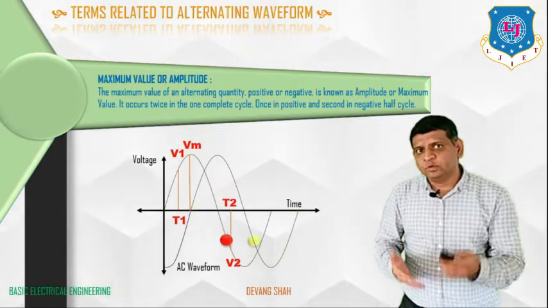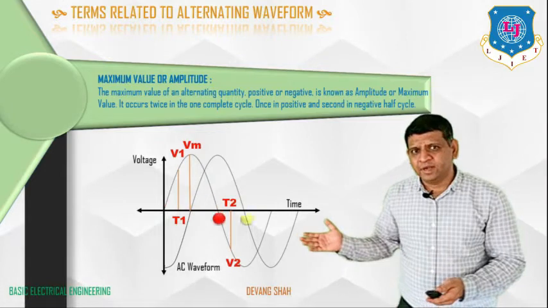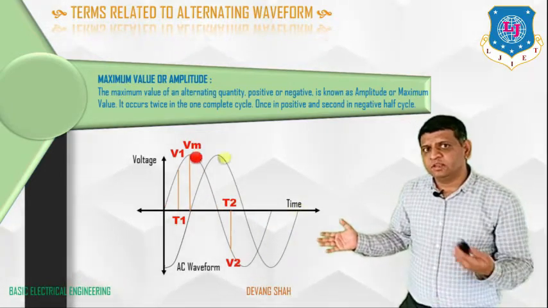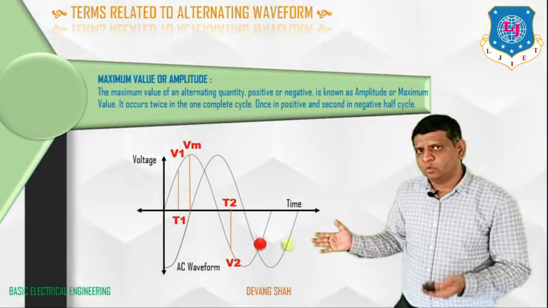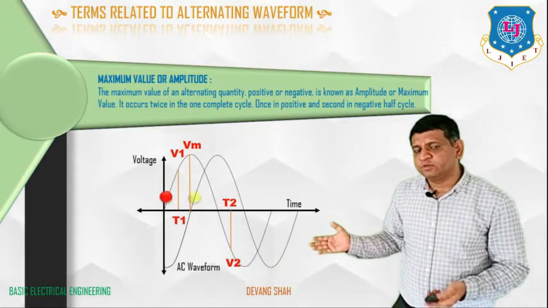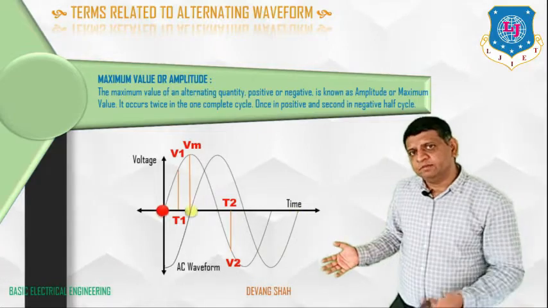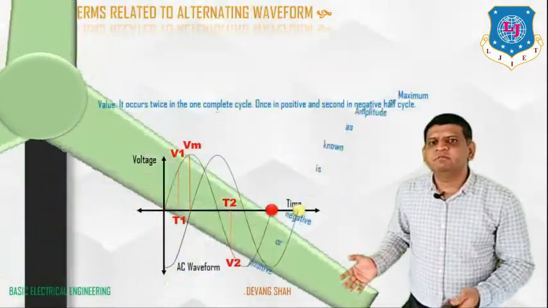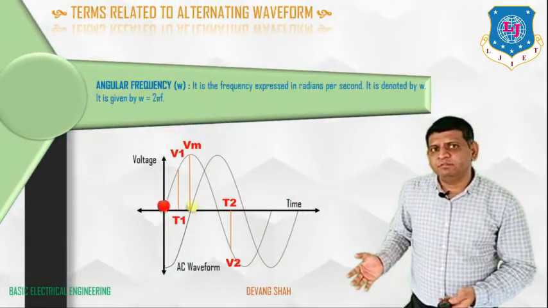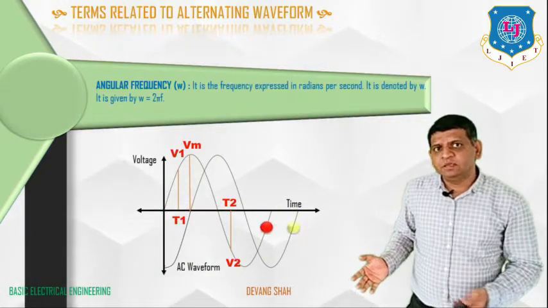Here the red and yellow balls represent the amplitudes. For the positive half cycle it is a positive maximum, and for the negative half cycle it is a negative maximum.